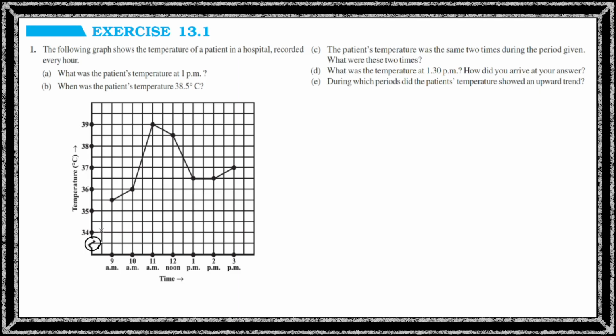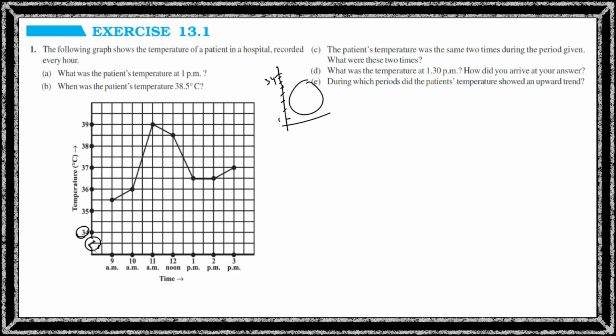Otherwise your graph is going to look very awkward. That is, you have a graph starting from 0 degrees over here, and then your data is somewhere over here, and this entire space from 0 to 34 is going to be empty, and it is quite meaningless to have it that way, right? So you're going to avoid this, and you're not going to have any demarcation from 1 to 34 on the y-axis. Straight away I'm going to start from 34, right? So that is the purpose of this broken line.